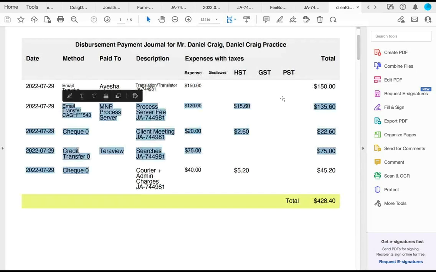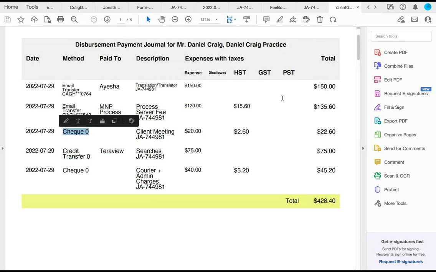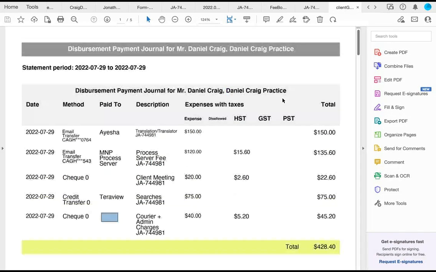So you see the difference in the method of payment. If I have not entered any reference number, it comes as 0, which is not looking that great when compared to the email transfer reference numbers that I entered here and who I've paid it to. All these are minute details sitting in there, but they make a lot of difference when an auditor or an accountant is viewing these records.